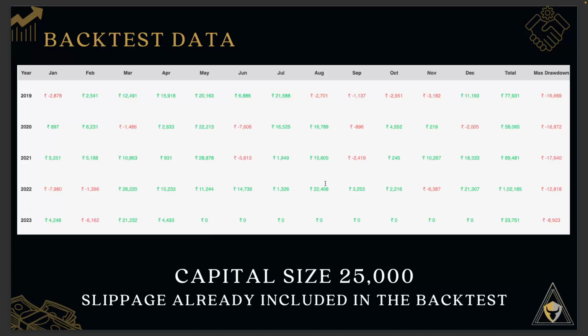If there are negative slippages, there will be positive slippages also, but we have considered only the negative slippages on each order. So in real trading you will be getting better results than the backtest, because not every order will have slippage, and definitely there will not be negative slippage on each order. There could be some positive slippages also which will increase our profits.